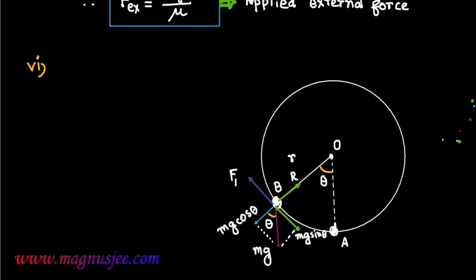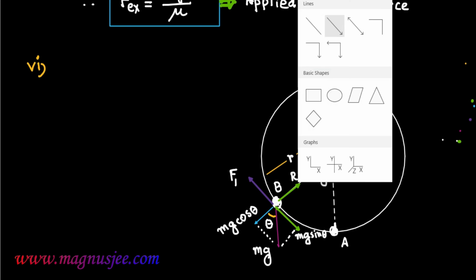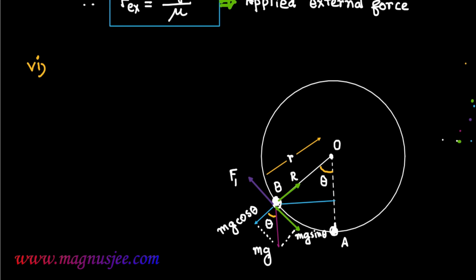R is the normal reaction acted on the insect applied by the spherical surface, and small r is the radius of the spherical surface. And we can draw another radius of the spherical surface. We can draw a normal from the point B on the radius OA, and this normal is Bn. So this is another radius of this spherical surface, and we can draw the height attained by the insect.